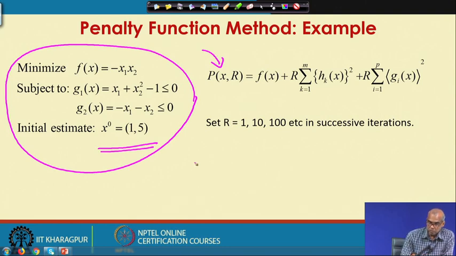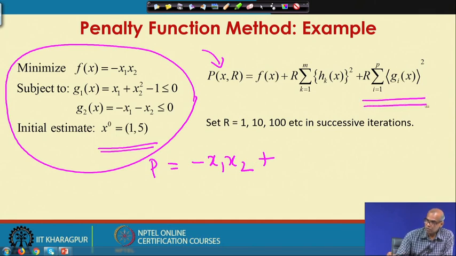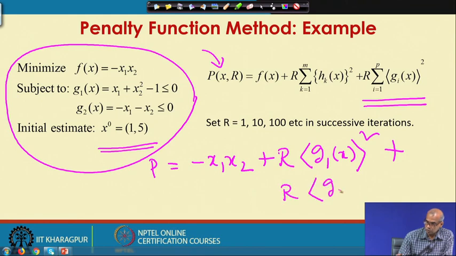The penalty function will be minus x1 x2 as the objective function plus these terms, that means r into g1(x) whole square plus r into g2(x) whole square.